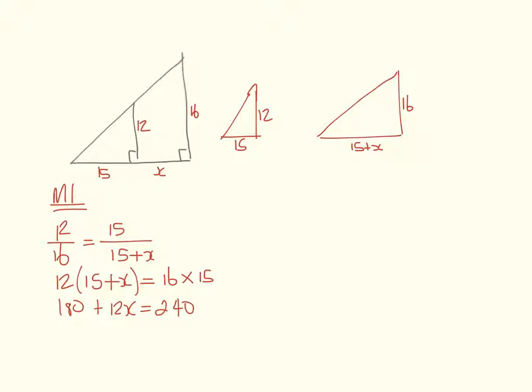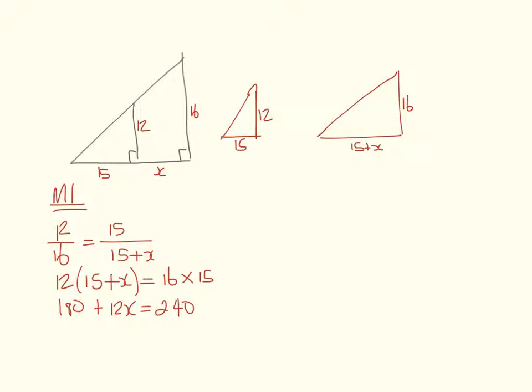Now we have a quick little equation we can solve. You can use a flow chart if you want, or work it whichever way you like. If you use a flow chart, you can say, I think of a number, times it by 12, then I add 180, my answer is 240.